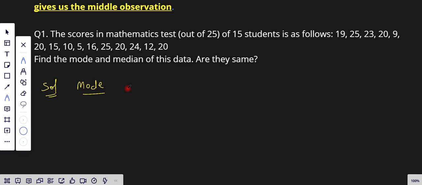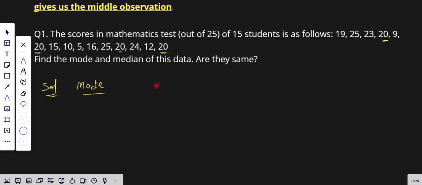Out of these 15 observations, see, here's 19, here's 25, 20. So 20 is here, 20 is here, 20 is here, and 20 is here. Out of these 15 observations, 20 appears 4 times, so this will be the mode.